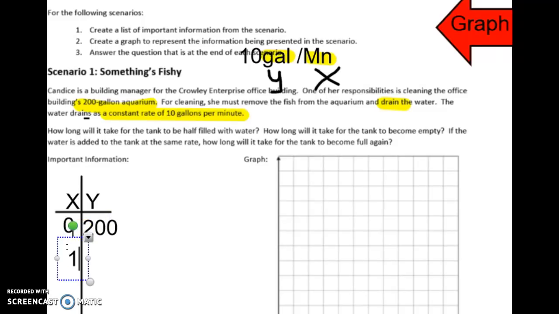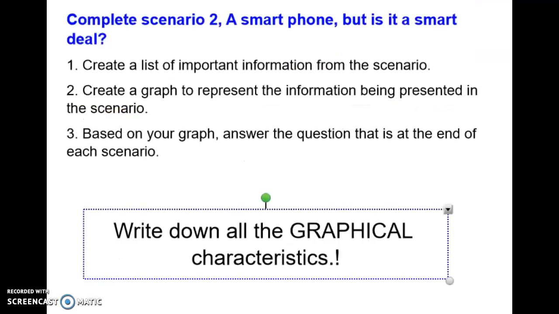Okay, after 1 minute, there are 190 gallons in the aquarium because Candace is draining the aquarium at 10 gallons per minute. After 2 minutes of cleaning the aquarium, Candace has 180 gallons in that gigantic aquarium. Oops, sorry.